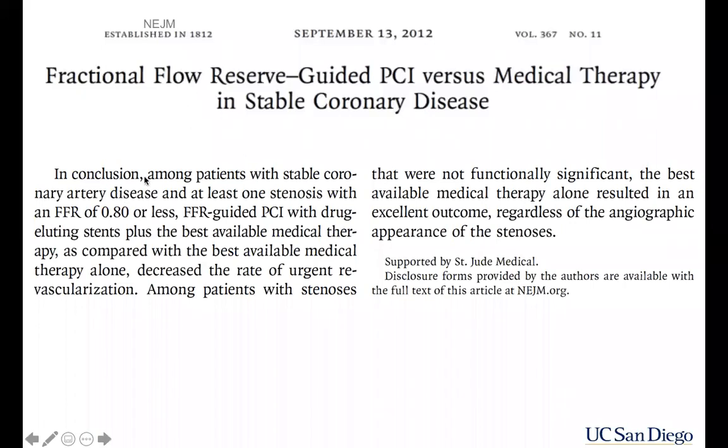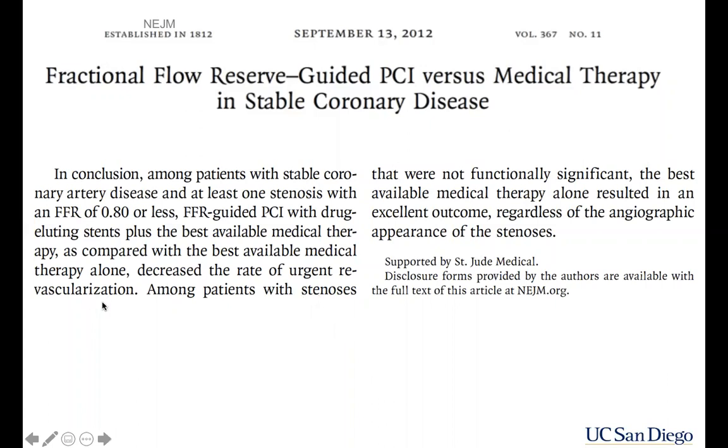The interesting conclusion to this whole thing is that with the patients who are stable, so these aren't people who have STEMIs and their ECG is indicating that they have a serious heart attack going on, if they have at least one stenosis with FFR of 0.8 or less, which means greater significance, FFR-guided PCI with drug-eluting stents plus best available medical therapy, compared with medical therapy alone, decreased the rate of urgent revascularization.